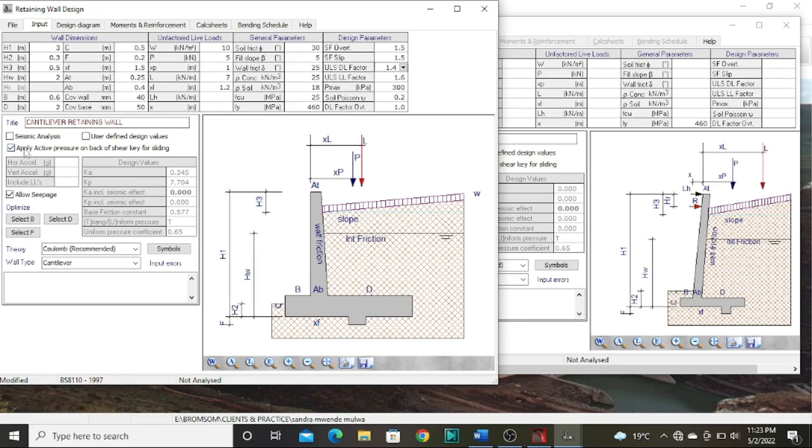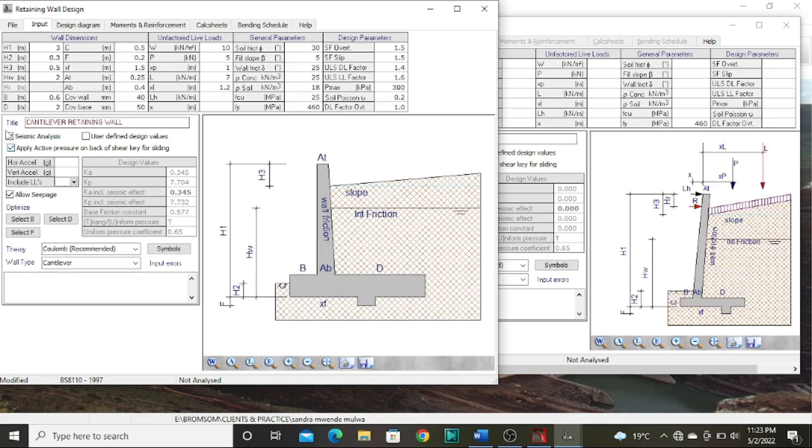You can do loads due to seismic analysis by just checking this table to enable this. Therefore, you can put the vertical and horizontal acceleration and include your live loads at these sections. You can even enter the values manually, but in this case, I'm not going to do seismic analysis.